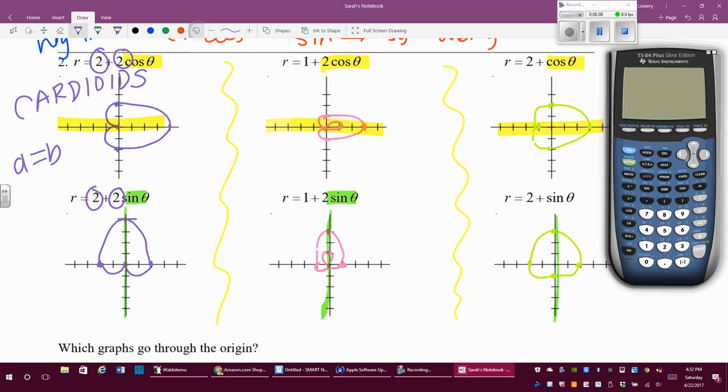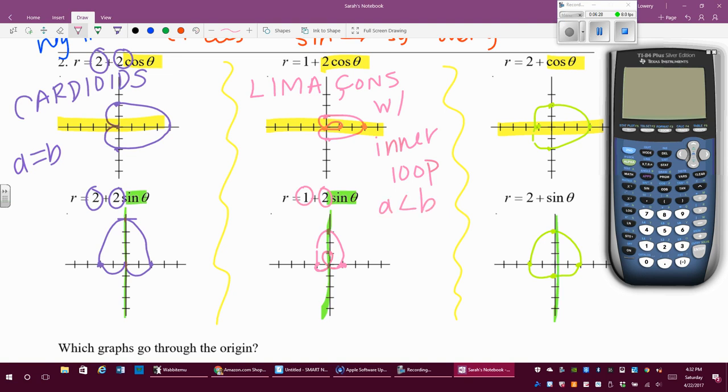This next family of functions are called limacons, and these particular ones are with an inner loop. We can tell that they are limacons anytime this number is smaller than that number.